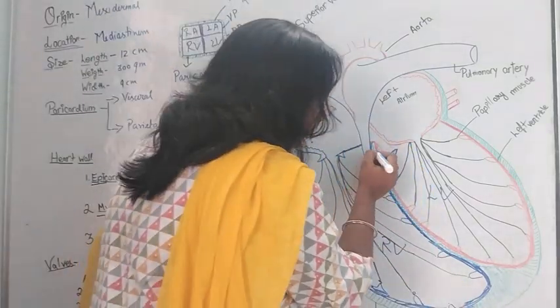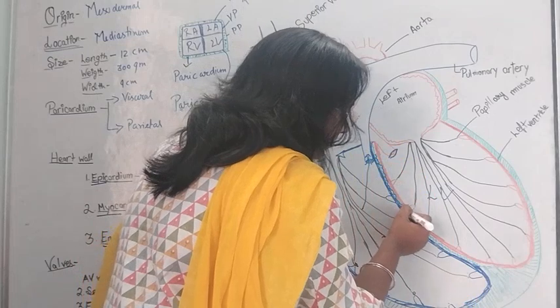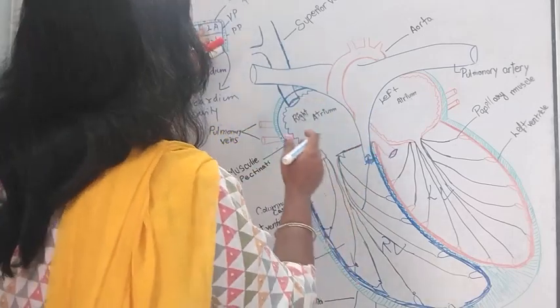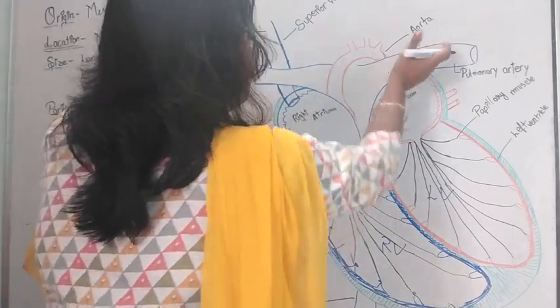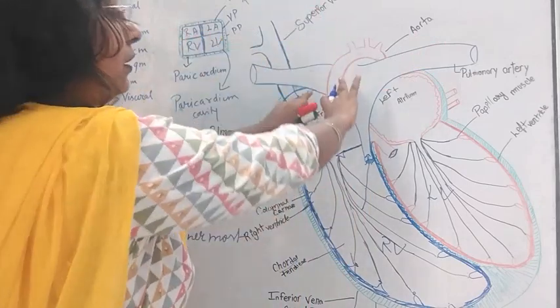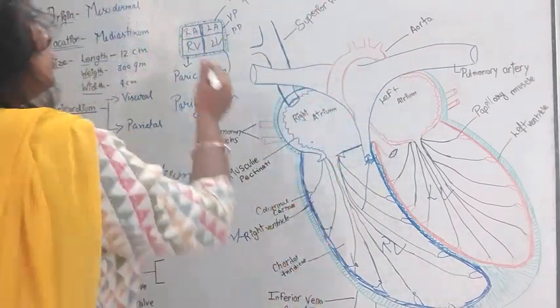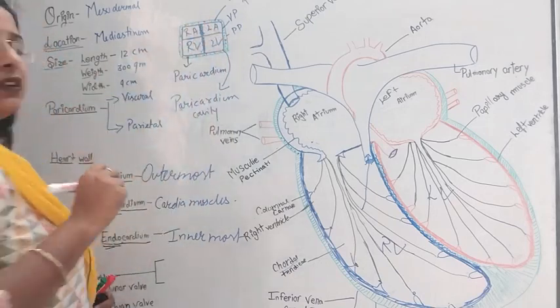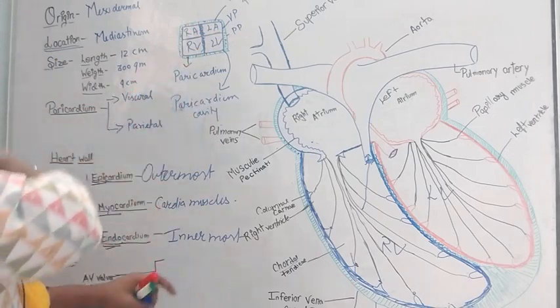This is the interventricular septum. It is not shown here because the pulmonary artery and aorta are shown here, but the interatrial septum and interventricular septum are present there.